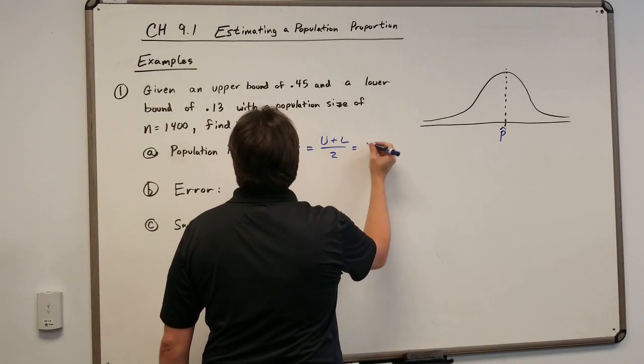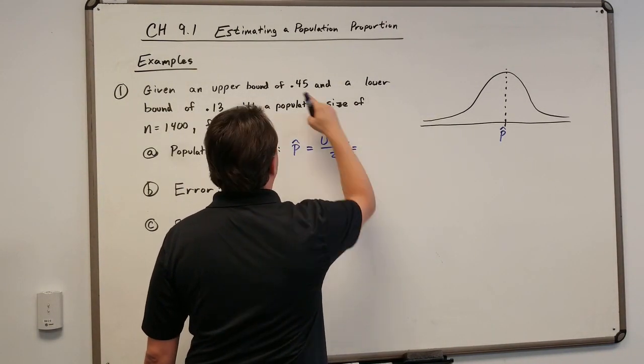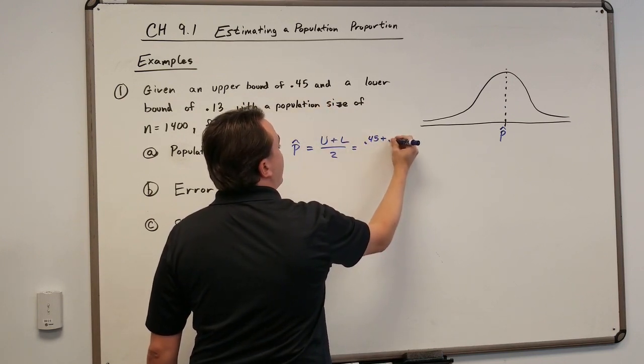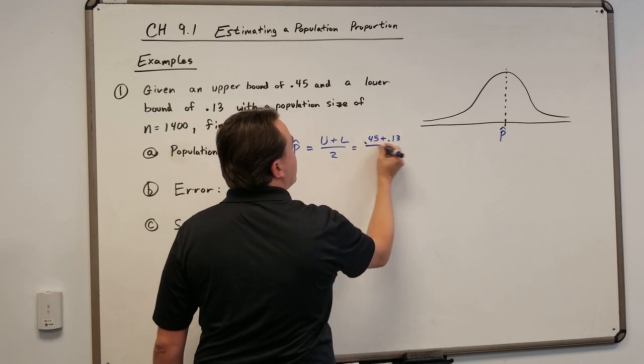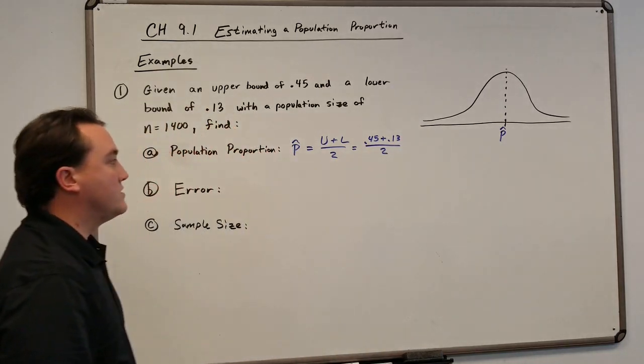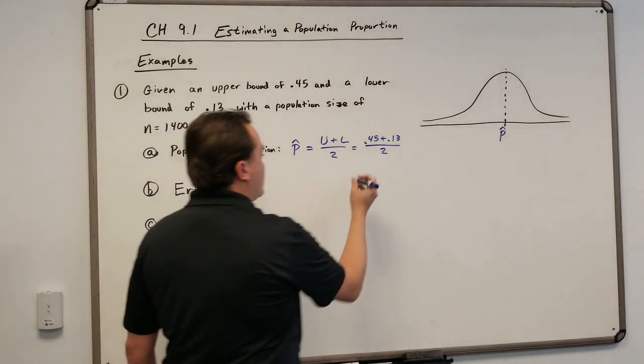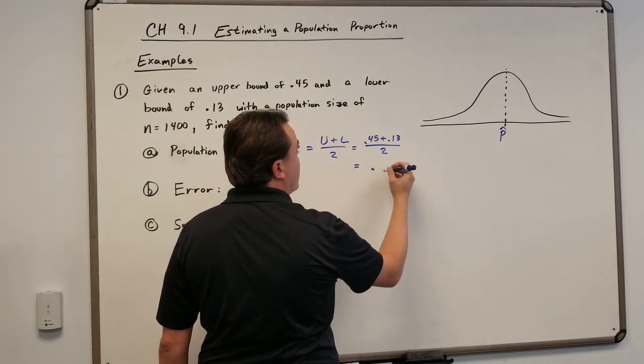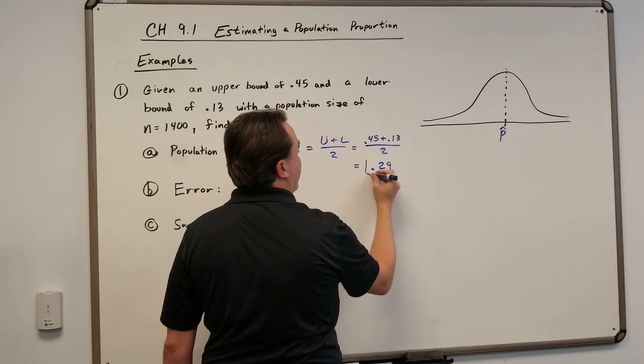So we have 0.13, or actually 0.45 if we're going in order here, plus 0.13 divided by 2. So that's 58 divided by 2, or 0.29, okay?